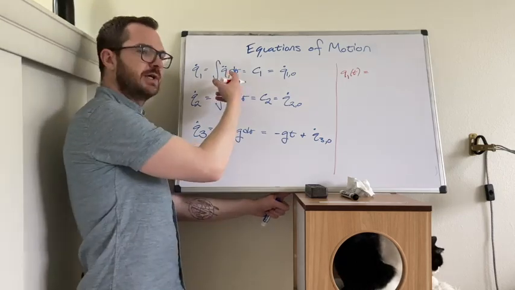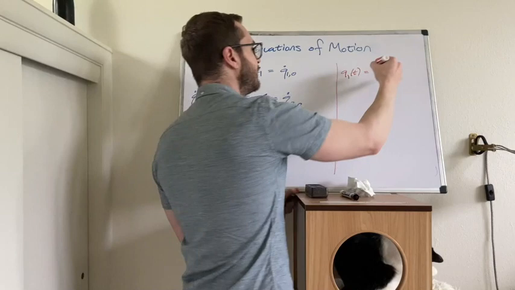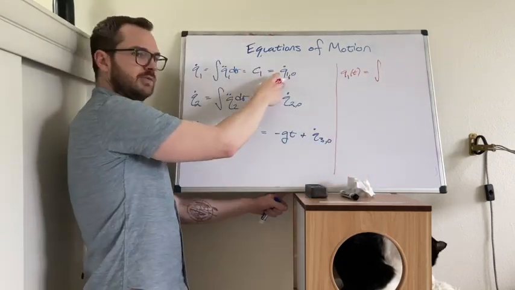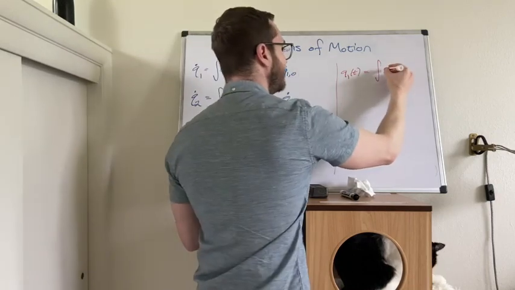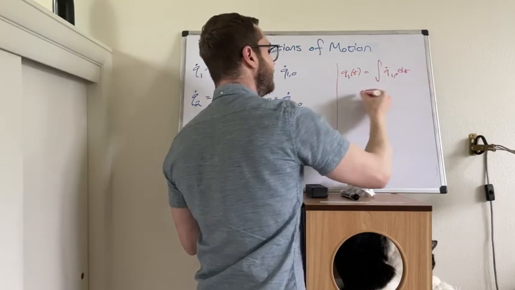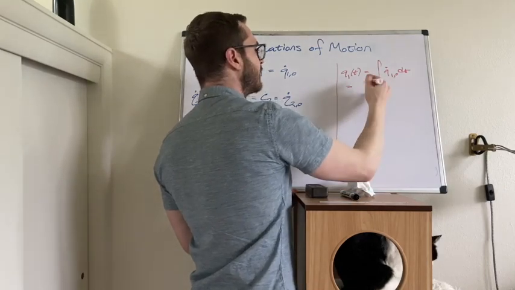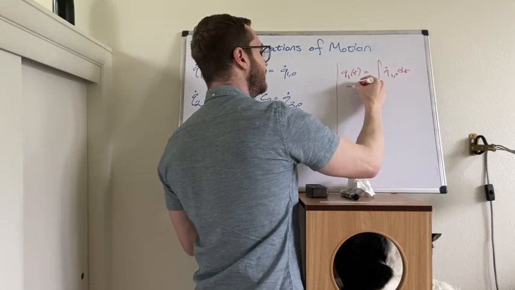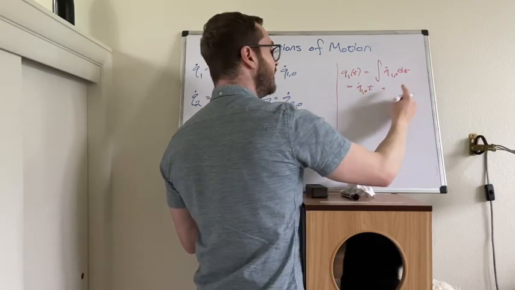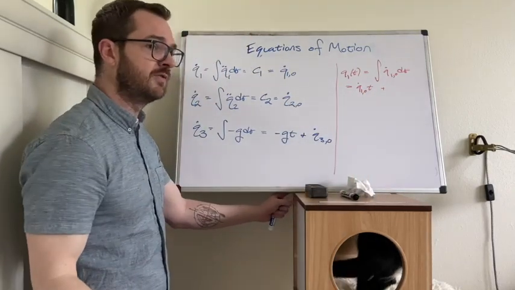Well, we're just going to integrate this. So I'm going to integrate the Q1 dot expression, which was this one. We have Q1 dot sub naught dt, and here we're going to get Q1 dot sub naught multiplied by time, and then plus, and remember there's always the integration constant.